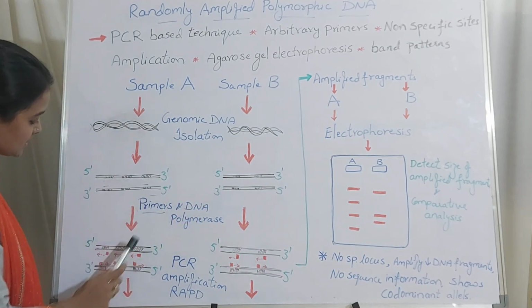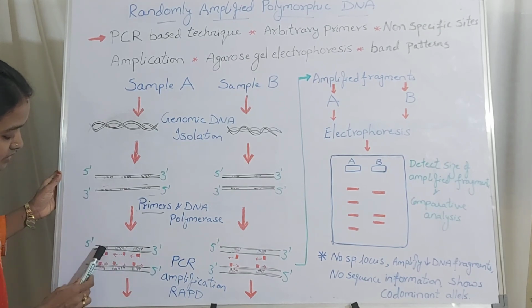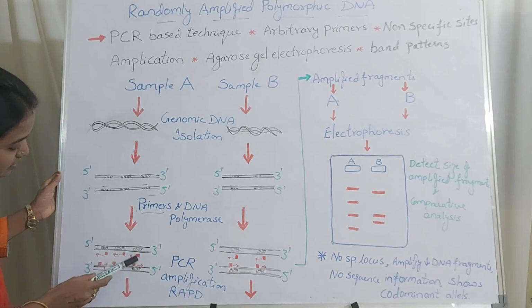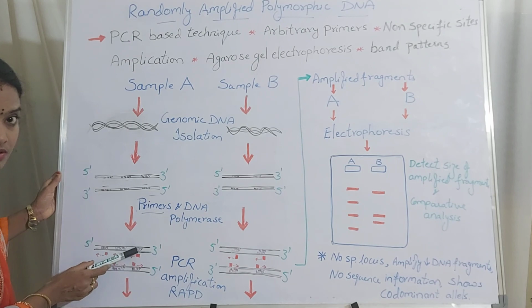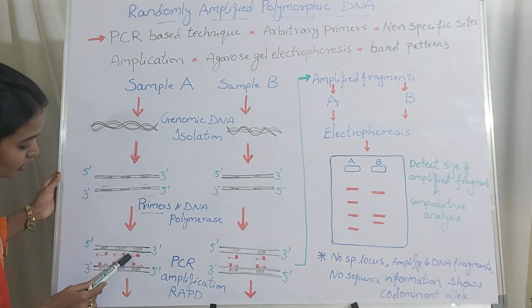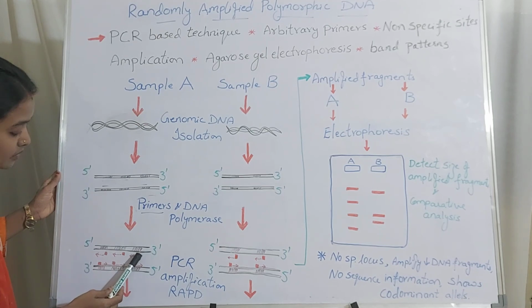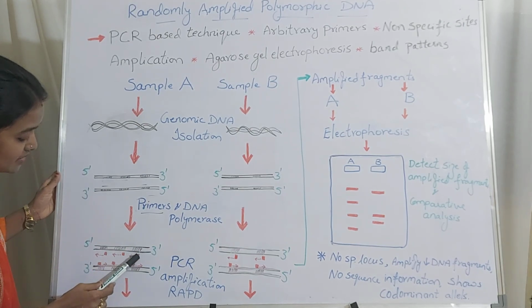Right? So see here, I have shown from the 3' to 5', and these are the sites where the primers go and bind. You can see here the primer has gone and bound to this. Right? Then the red dotted line is the extension or amplification process. The complementary strand is being synthesized.